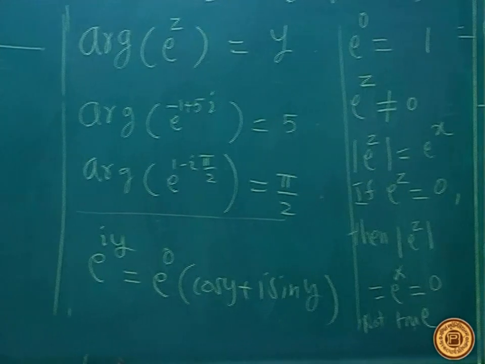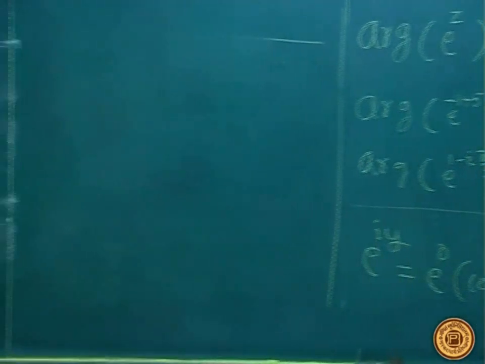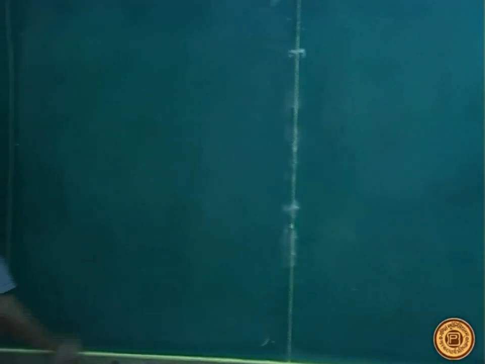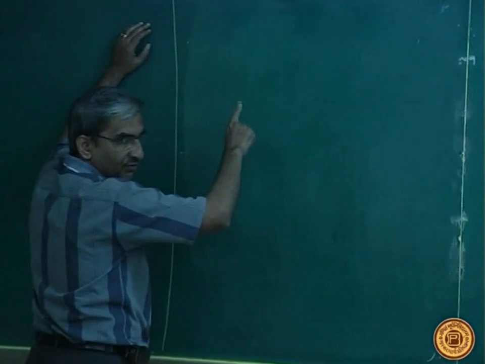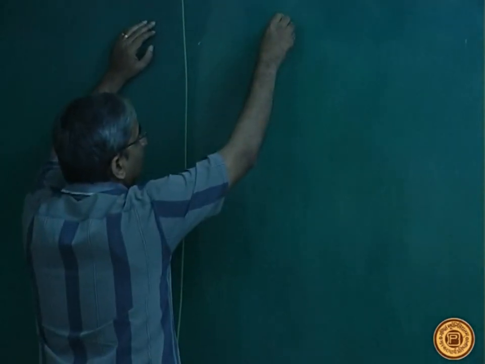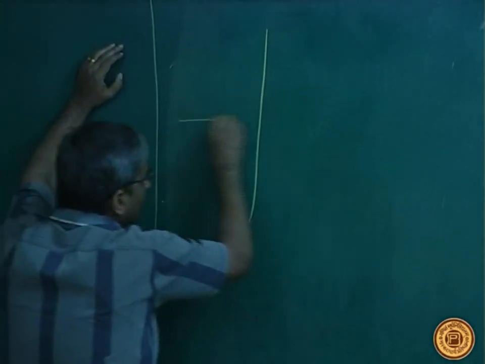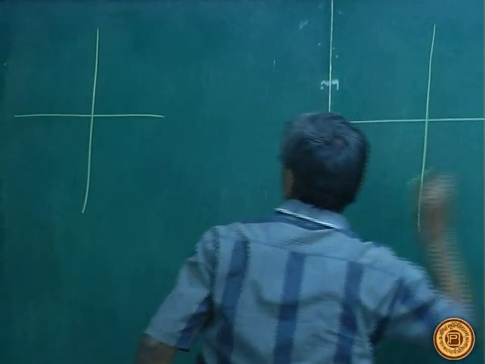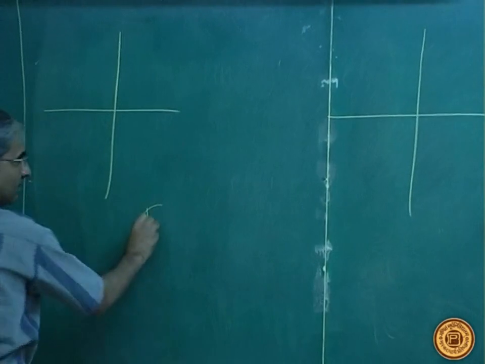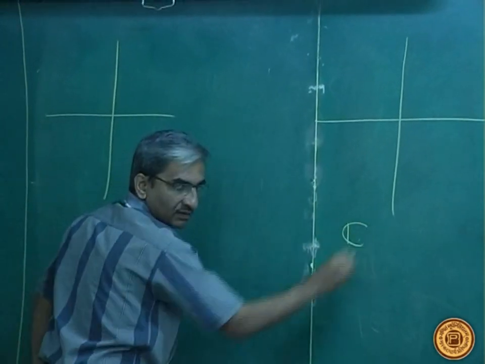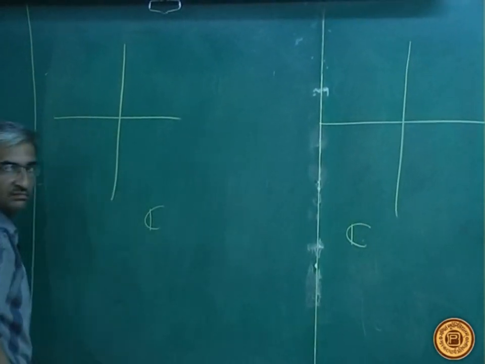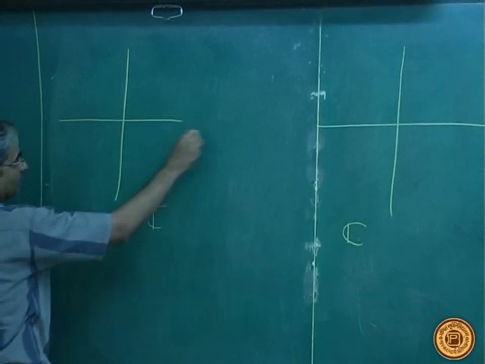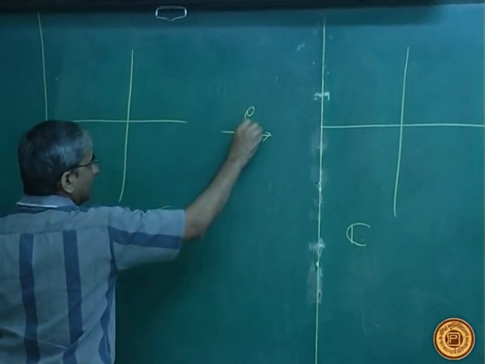Remember that when you are dealing with functions of a complex variable, the functions are from C to C. So one copy of C and the other copy of C. So this is the complex plane and this is the complex plane. Now the function I want to think about is e to the power z.